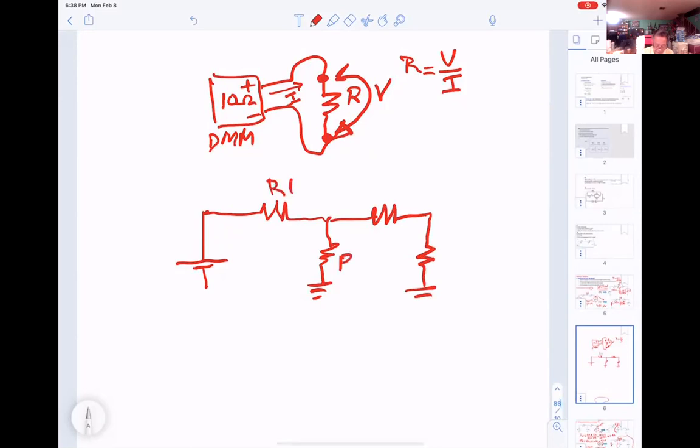Now you get R1, R2, R3, R4, and you get plus minus 24. Okay, I want to measure R3 with a meter.